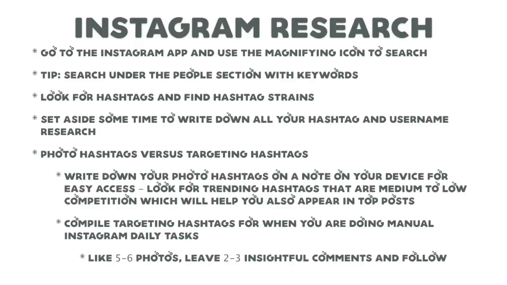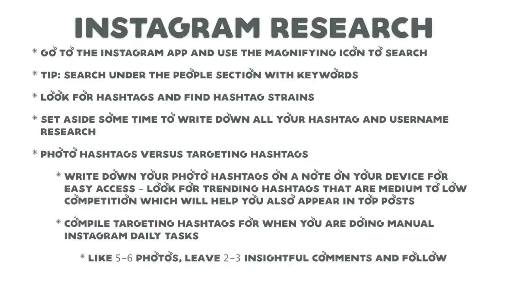But if you post to a medium to low competition hashtag, your photo will stick much longer at the top of the feed, and it's actually easier to show up in top posts. So this is a strategy for how to show up in top posts. Just use medium to low competition hashtags on your photos, and right when you post the photo, post those hashtags from your notes.